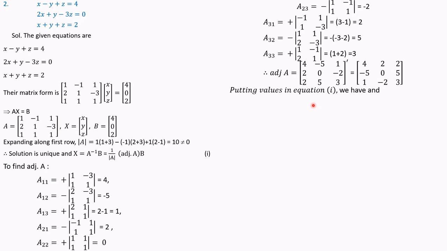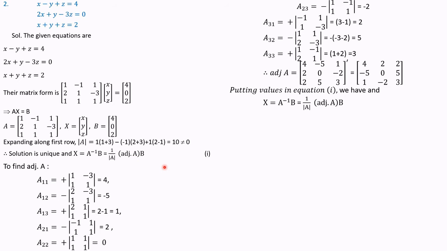Therefore, putting the values in equation 1, X is equal to A inverse B, that is equal to 1 over determinant A into adjoint of A into B.